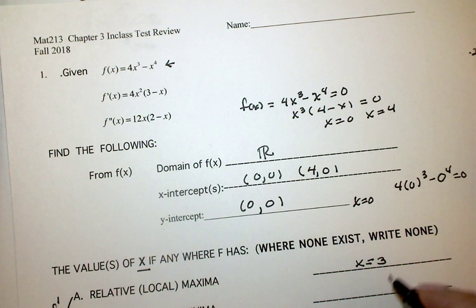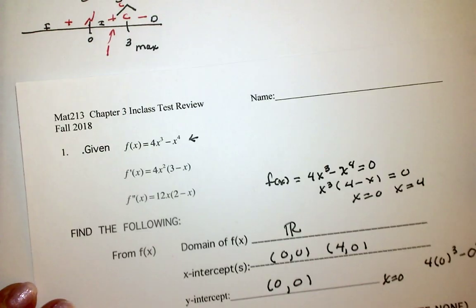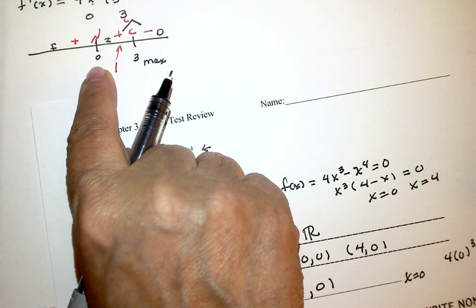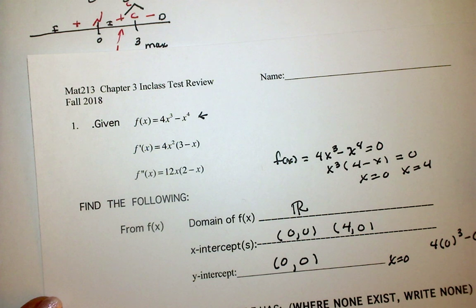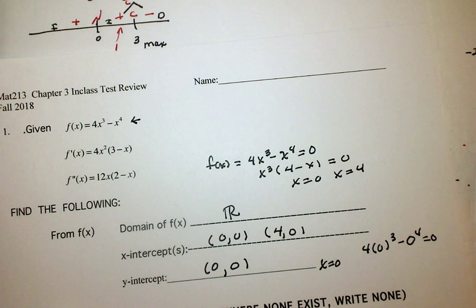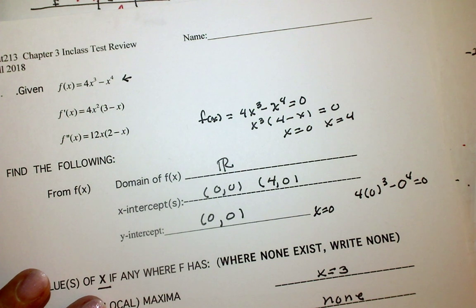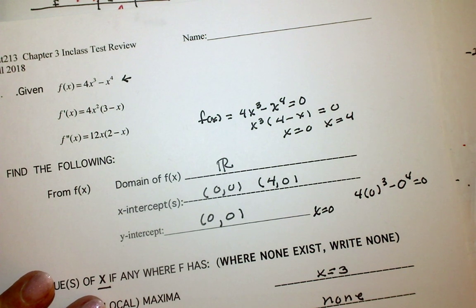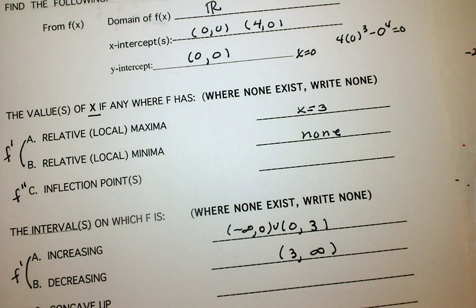We will have a minimum, none. And I'm increasing from minus infinity to 0 and from 0 to 3, and decreasing from 3 to infinity. So now I have this part filled in.